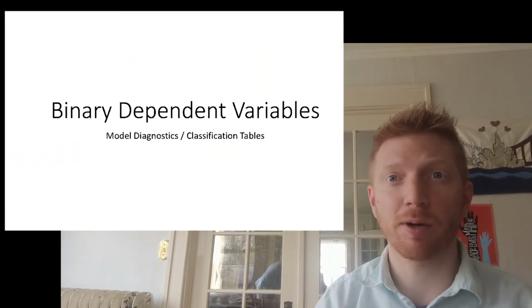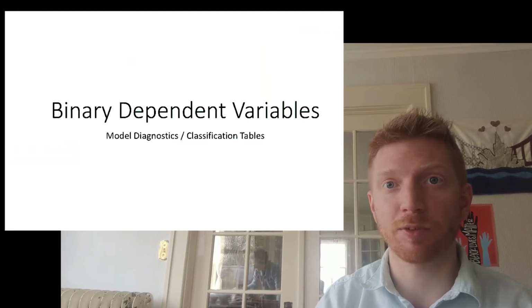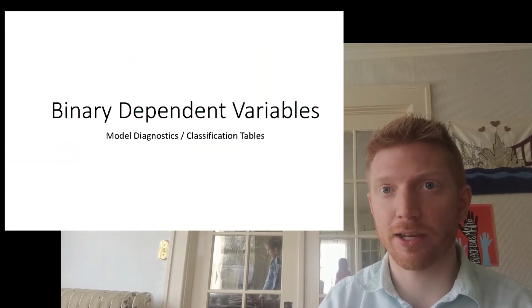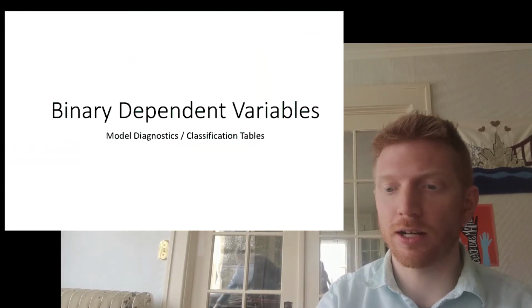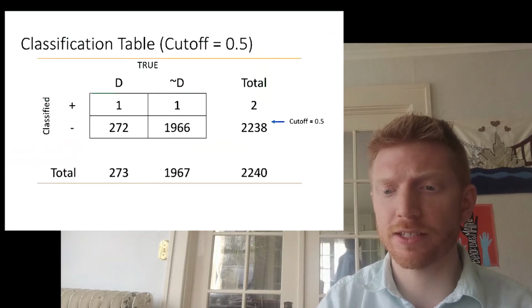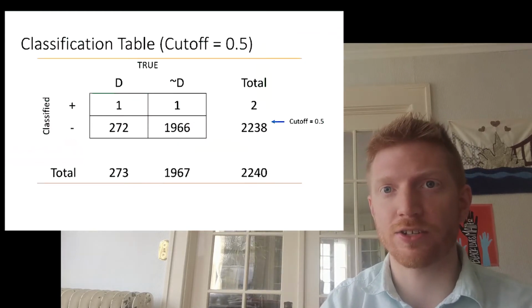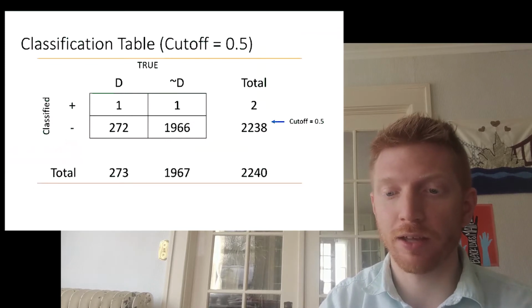Alright, so now let's talk about the basic classification table. I'm just going to be using the example from class. In another lecture I might introduce some other examples. But this is the classification that you should have gotten in lab using a cutoff of 0.5.